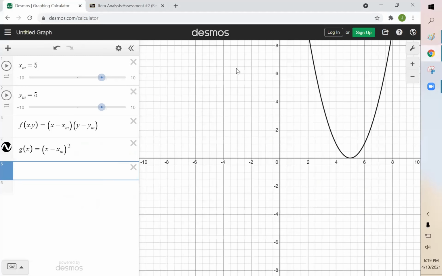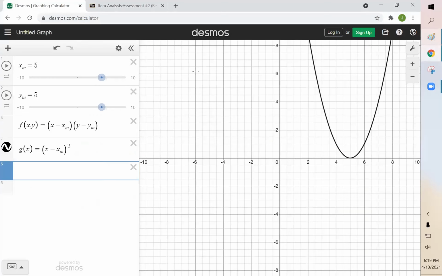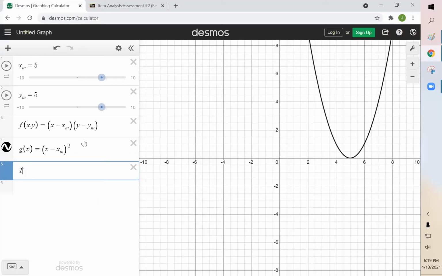So let's suppose we go with an extremely simplified example. Let's say we had 4, 6, 5, 5, and 6, 4. In this case, our top would be equal to the 4, 6, plus the 5, 5, plus the 6, 4.